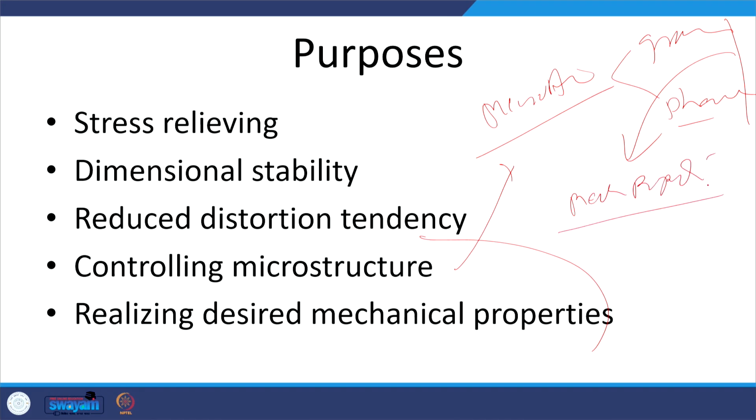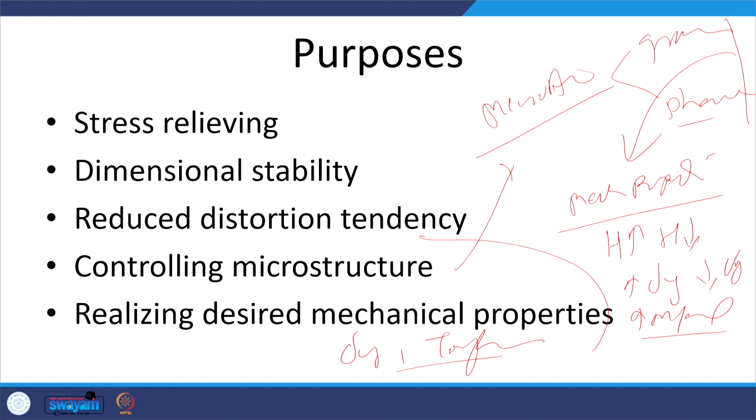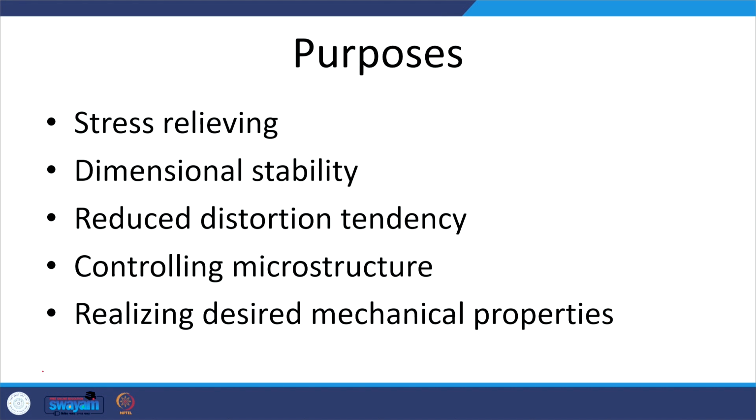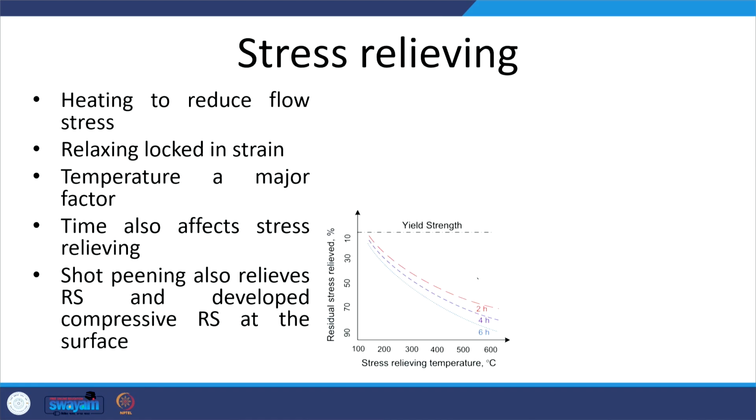There can be multiple purposes, like increasing the hardness or reducing the hardness, increasing the yield strength or reducing the yield strength, or improving the machining behavior. Okay, improving the strength and toughness. So depending upon the kind of properties desired from a casting, the suitable control over the microstructure is realized for attaining the desired set of the mechanical properties.